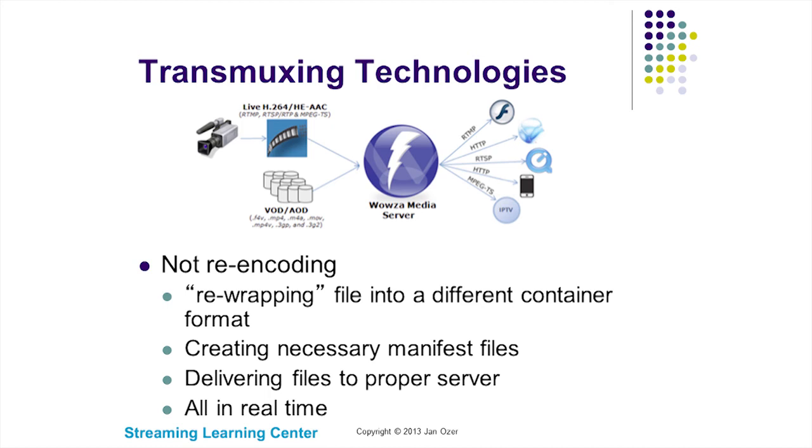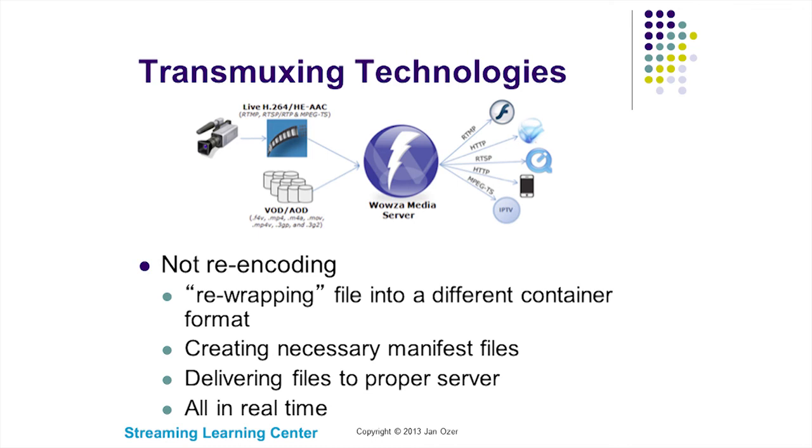When I say transmux, what I'm saying is they're using the same encoded video and audio files, so they're changing the container format and creating any manifest files as necessary to support the different technologies. The first server-based solution that we saw was from Wowza, who's here at the show, and they were able to take a number of formats in, and they're not re-encoding here, right?